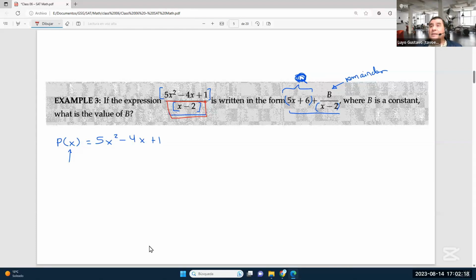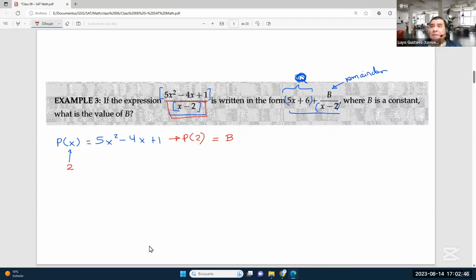Then you know that if you evaluate the polynomial on the constant value 2, what you get as a result, that is p of 2, is actually the remainder of this division. In other words, the value of b. So this is much faster.